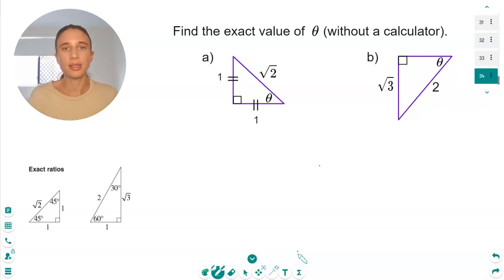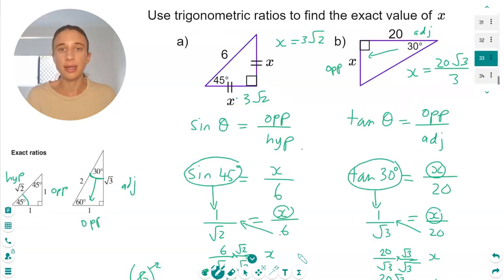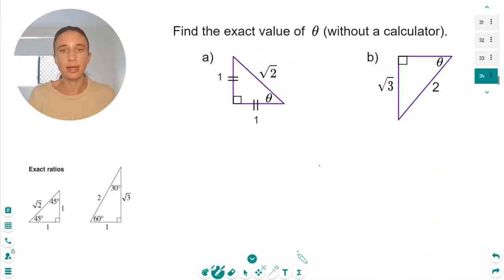Now, last slide, okay? We can do this. Find the exact value of theta. So before we were finding side lengths, and now we're going to find angles. So same thing really. Come up with a ratio. Look at the diagram and come up with a trig ratio equation, linking the sides with the angle. So I could pick either this side or this side.